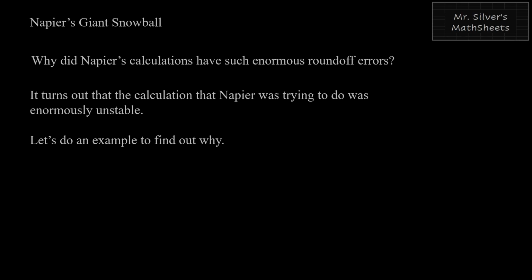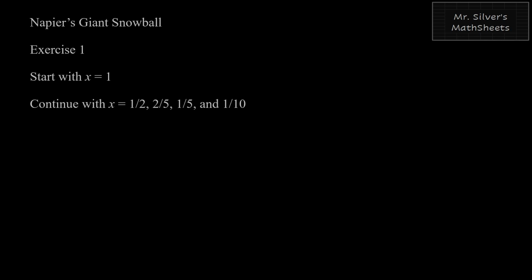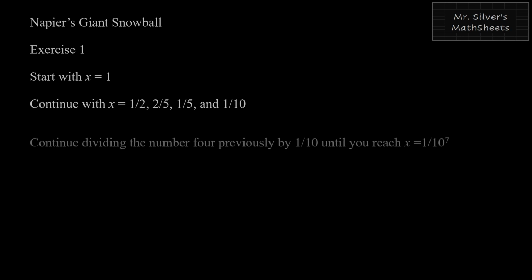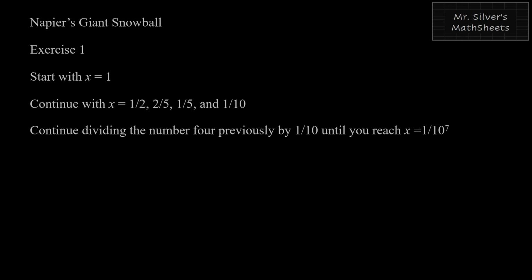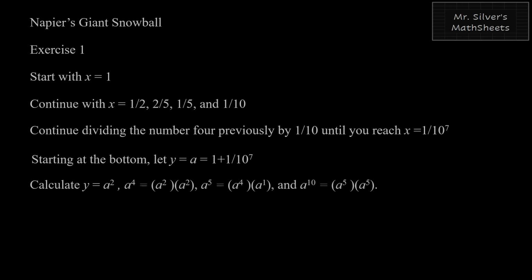Let's do an example to find out why. In this exercise, we're going to start with x equal to 1, and then 0.5, 0.4, 0.2, 0.1, and then we'll continue dividing by 10 till we get to 1 over 10 million, and then we'll add 1 to 1 over 10 million, we'll get A, and we'll square it, and we'll square that number again, and then A5 will be A4 times A1, A10 is A5 times A5.